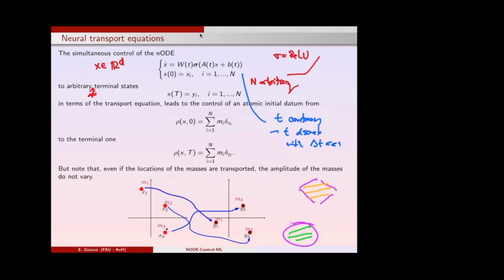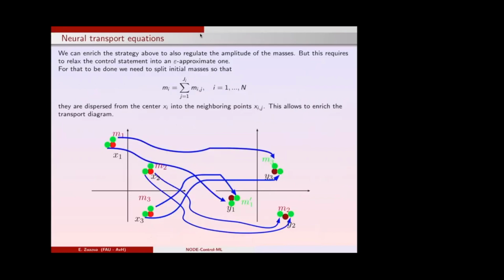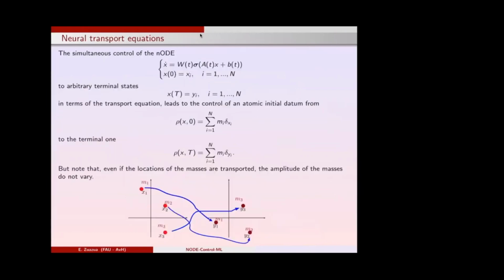You can, of course, think, well, what I would like is to take the mass here, M1, bring it to the point Y1, but in the meantime modify the mass M1 so that it becomes M1 prime. I will tell you, this is not possible here, right?